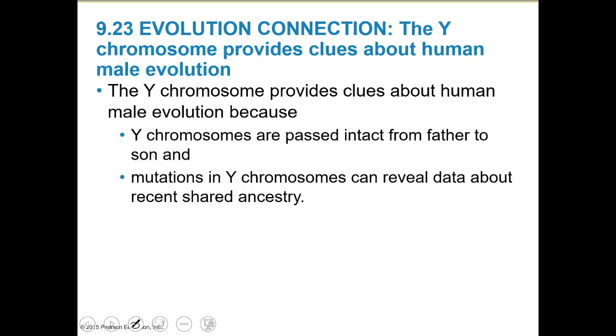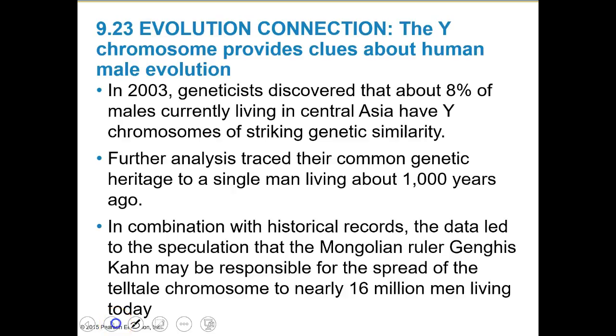The Y chromosome provides clues about human male evolution because Y chromosomes are passed intact from father to son. So mutations in the Y chromosome actually reveal data about recent shared ancestry, which is really interesting. In 2003, geneticists discovered that about 8% of the males currently living in Central Asia have a Y chromosome of striking genetic similarity.